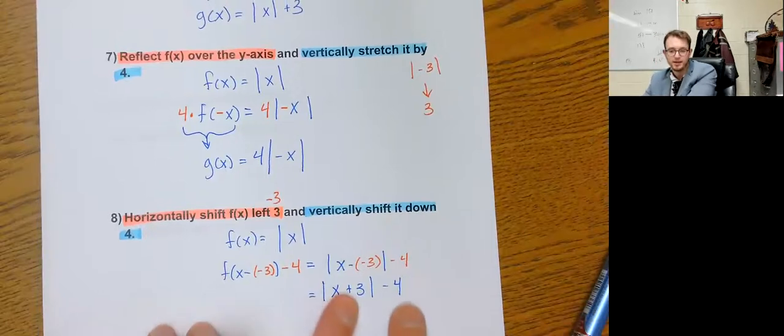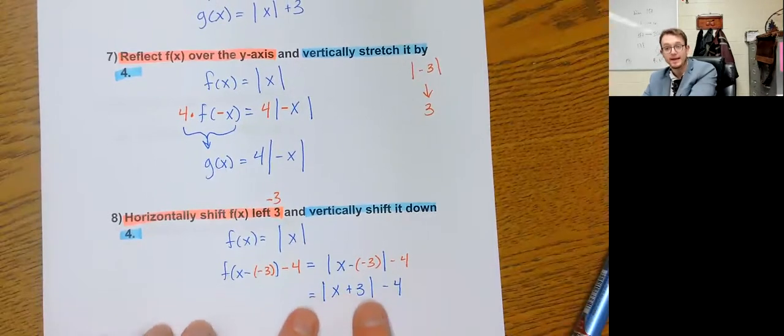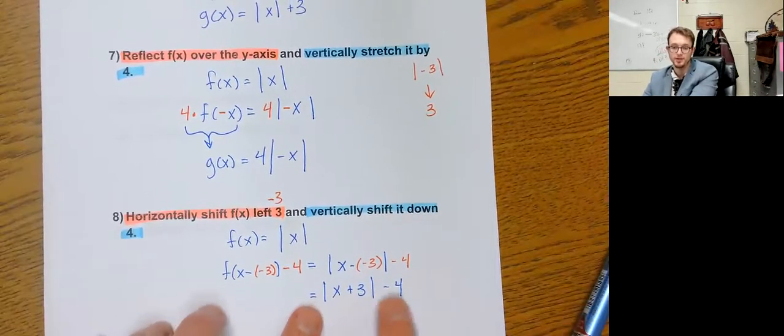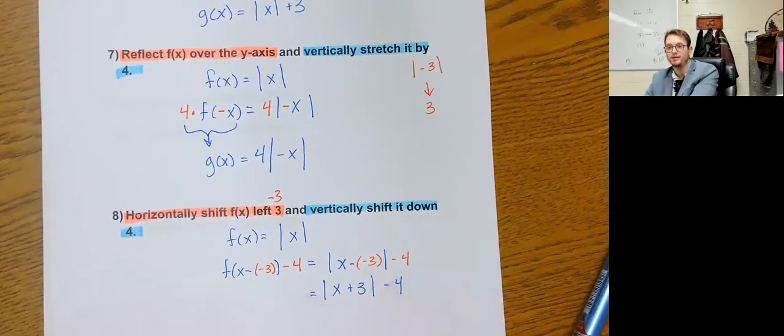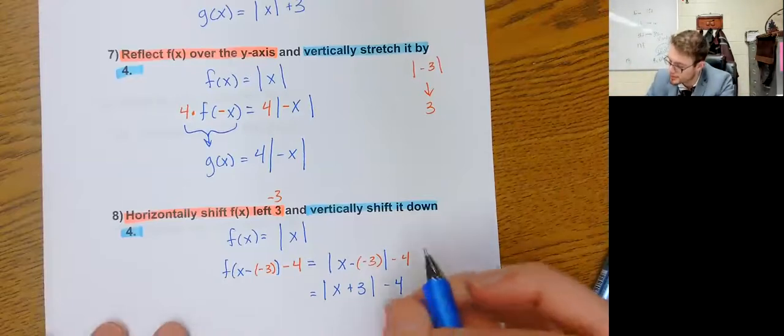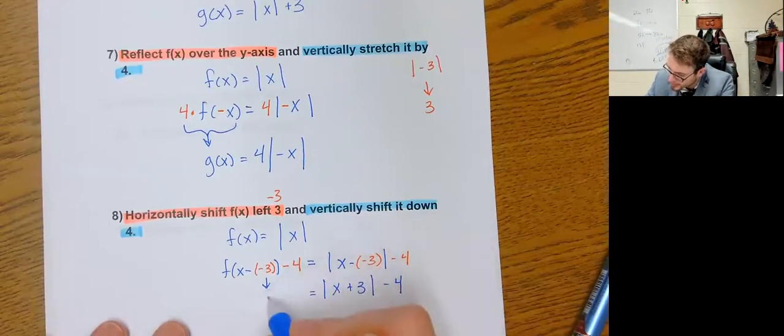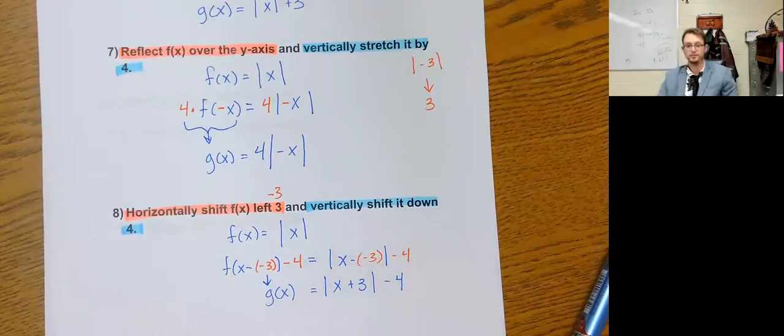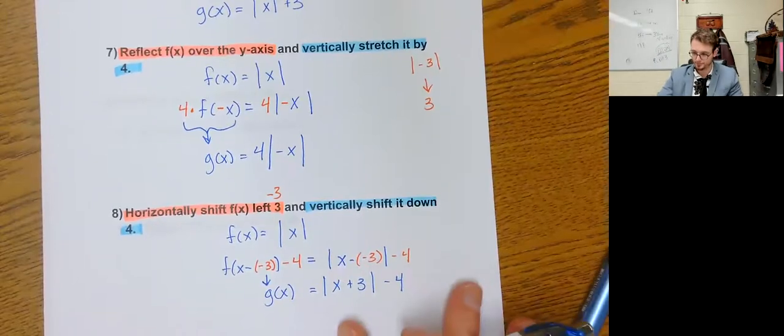I cannot combine these because one is happening on the inside of the absolute value and one is happening on the outside. You cannot combine or multiply into the absolute values or take things that are inside out. You cannot do that. What's on the inside of the absolute value is on the inside, and what's on the outside stays on the outside. So this whole thing changes to be g of x. Okay, that's it. That's its function. That's as simplified as it gets.